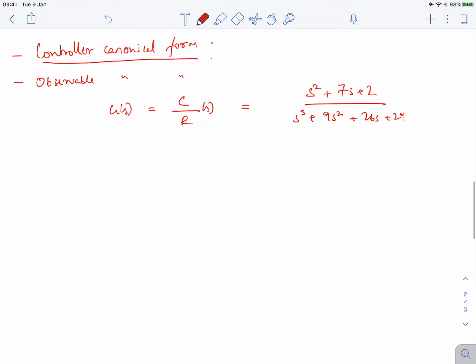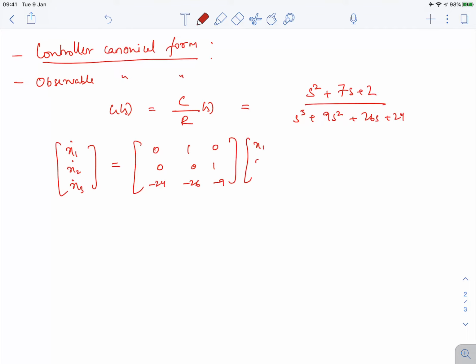So that phase variable form is basically given as, and the output equation is 2 7 1 times x1 x2 x3.